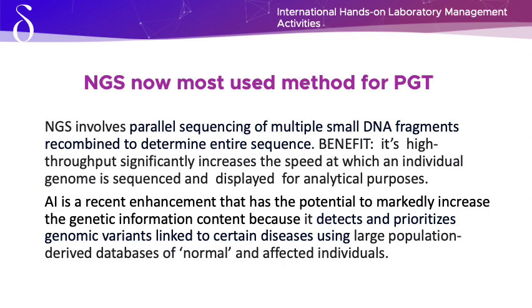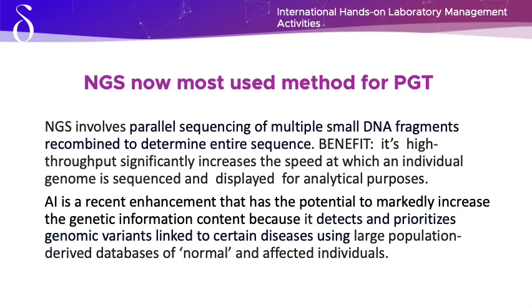NGS involves parallel sequencing of multiple small DNA fragments recombined to determine an entire genomic sequence. The benefit is its high throughput, which significantly increases the speed at which an individual genome is sequenced and displayed for analytical purposes.